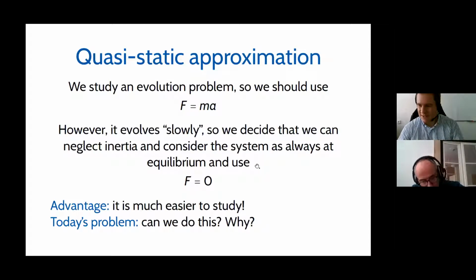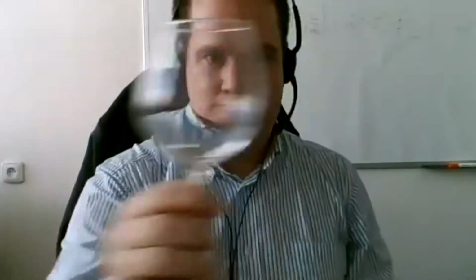So first, let me stop sharing for a moment and give you an idea with a physical model of the quasi-static approximation. I have a metallic marble, so a point mass, and a potential well, a glass. If I put my marble inside the glass, there is only one equilibrium point, which is the bottom of the glass. If I'm steady, I find the equilibrium of the system.